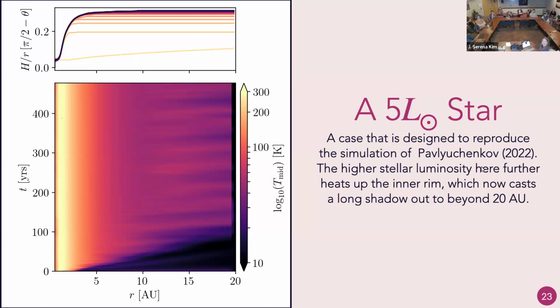If you look at the top, the optical surface is close to the upper edge of the computational domain. What happens is this rim is so hot, it puffs up physically so much that it casts a shadow out to beyond 20 AU. And so we think the reason that this doesn't develop any thermal peaks is not because it can't, it's because the entire disk here is in shadow.